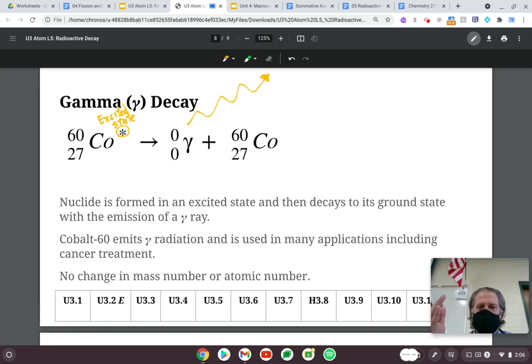So you end up with a ground state atom of cobalt left over. Questions?